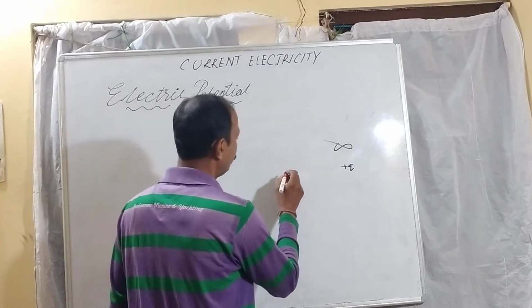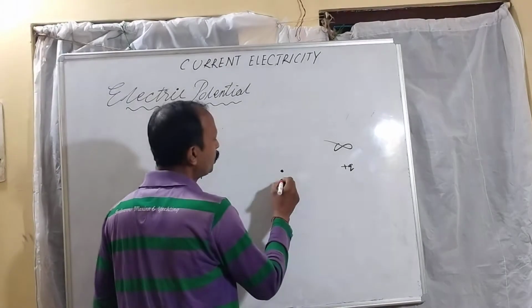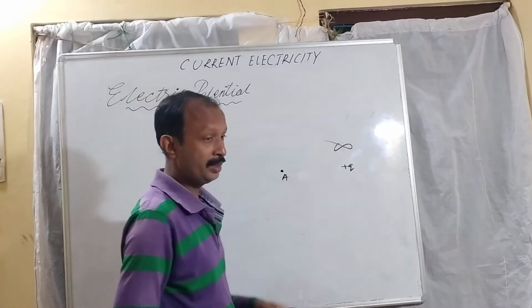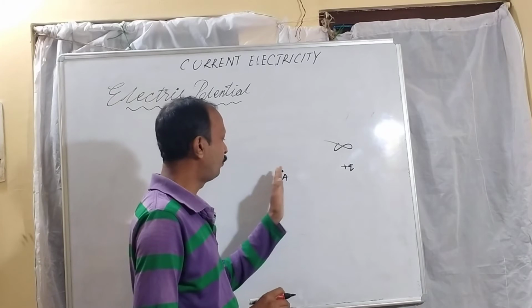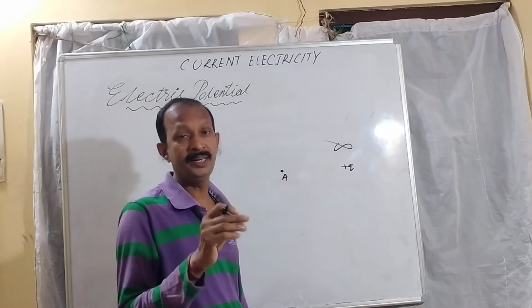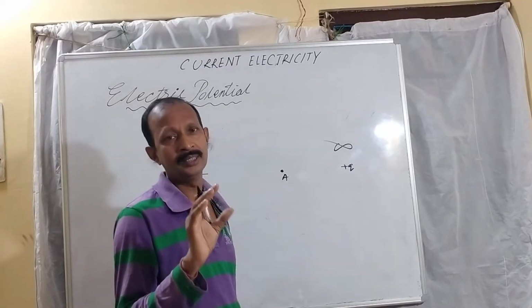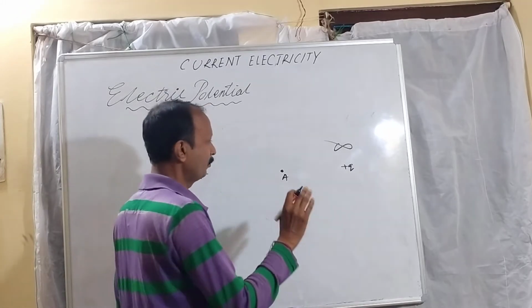For example, I am bringing this positive charge particle to the point A. But one thing, I have to bring this positive charge particle to the point A very slowly. That means it should not get any acceleration. That much slowly I have to bring it. Okay.